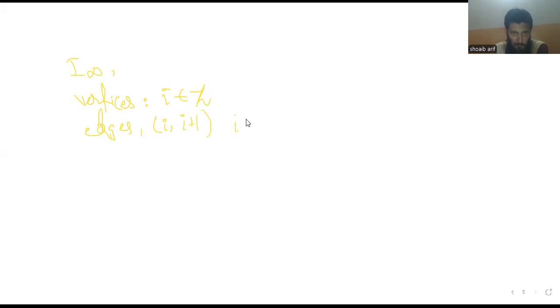In this graph, the index also belongs to the integers. So we can represent it: there is 0, 1, 2, 3, and so on, and there is minus 1, minus 2, minus 3, and so on.